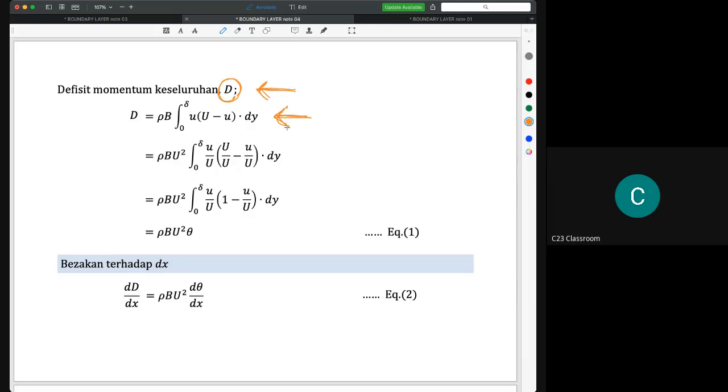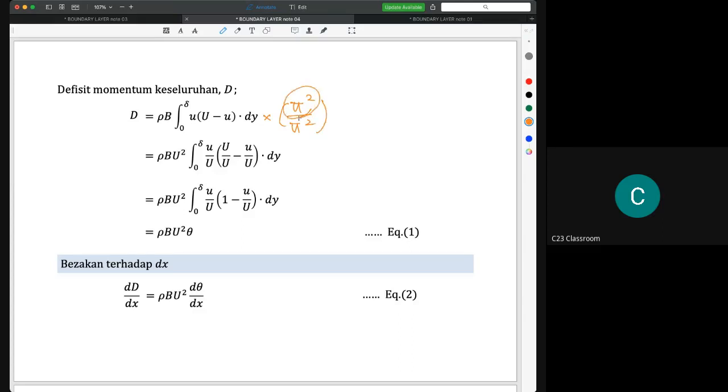So that's why we get these terms. And then if we arrange this equation a little bit, what we do is we multiply with U square over U square. So we have U square here. You could see we have u times U here and u times U here. I hope you could do this at home. So we multiply this one with U square over capital U square.